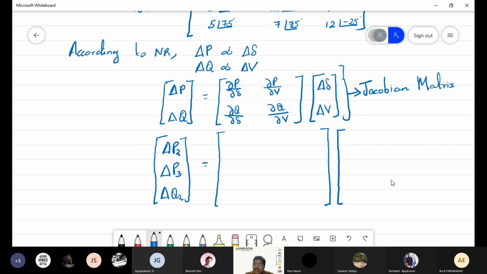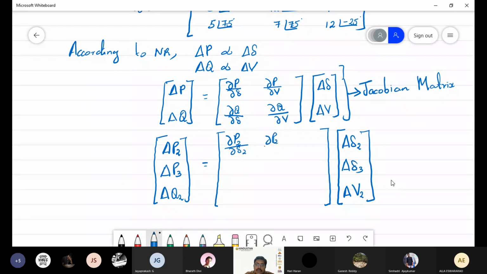That is equal to, here you can see, change in del 2, because P2 with respect to del 2, change in del 3, P3 with respect to del 3, and for Q2, change in V2. Now we need to write what is all inside. That is dou P2 divided by dou del 2.